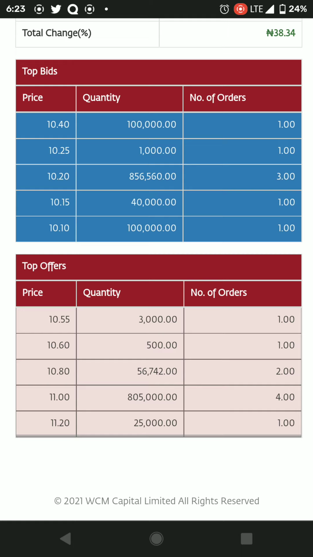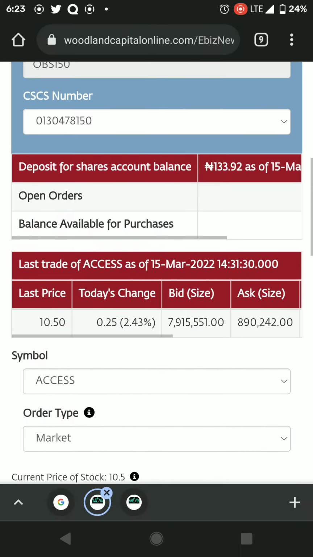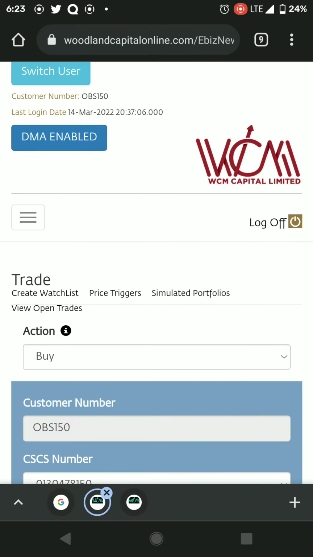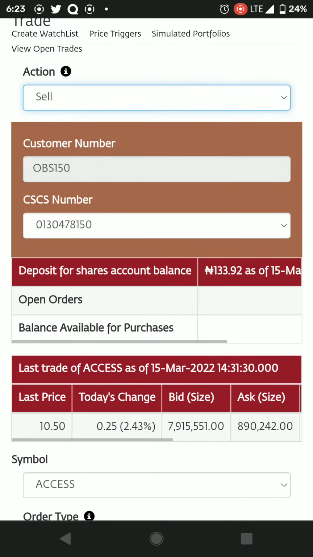If your price is above 10.10, for example, your order will display as well on this list for every other person in the market. The same thing applies to the sell side as well. So that's how to place an order, a buy order, a sell order, or a limit order.